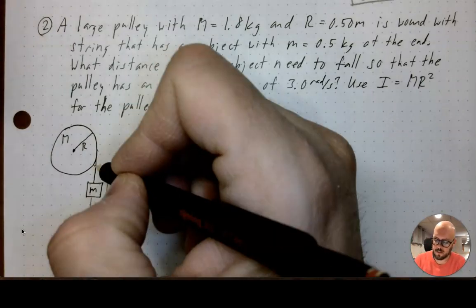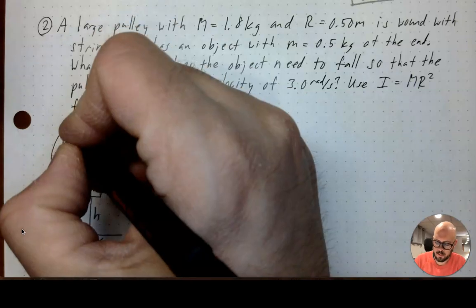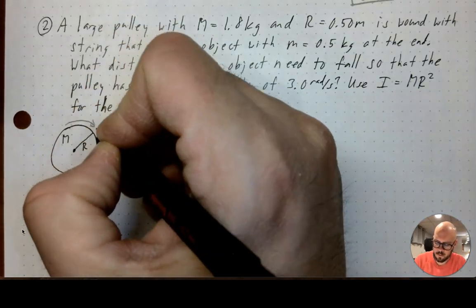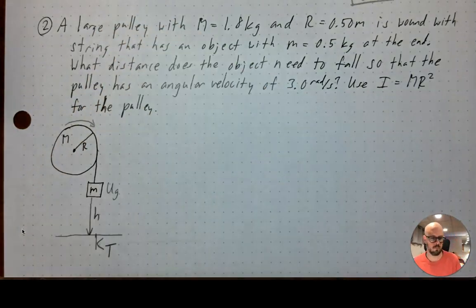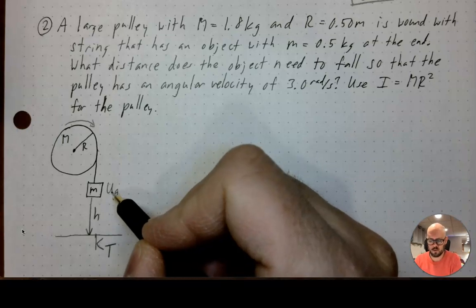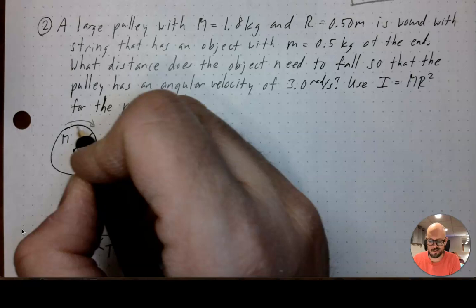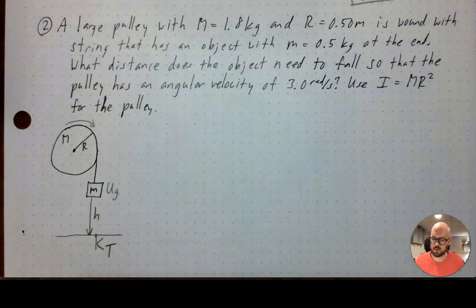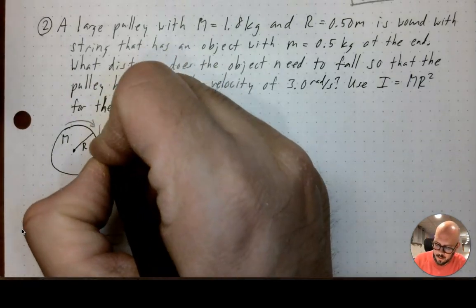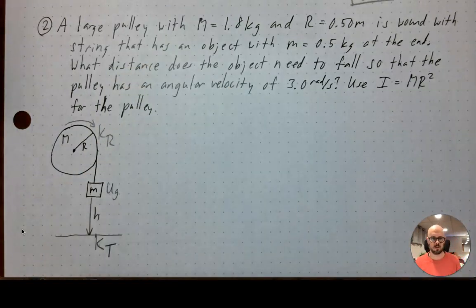However, that string is attached to a pulley, and so that pulley is going to start to rotate with an angular velocity. Well, the pulley didn't change its position, and so it had no gravitational potential energy change, so I'm not going to consider the gravitational potential energy of the pulley. I'm only going to consider the rotational kinetic energy of the pulley.